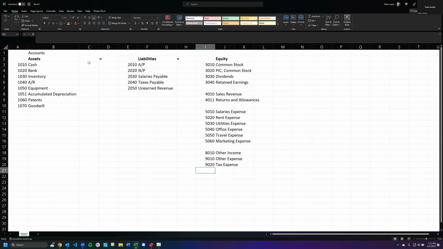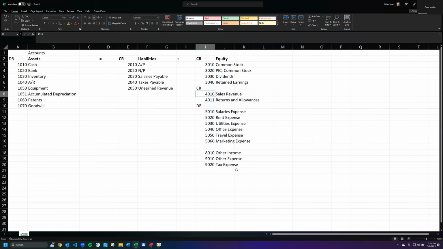Now from there, you have to realize that any asset account generally is a normal debit balance. A liability is usually a normal credit balance, and an equity account is usually a normal credit balance. Except all these right here are usually a normal debit balance because they're expenses. So this is a credit account.